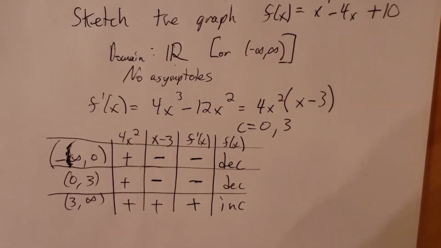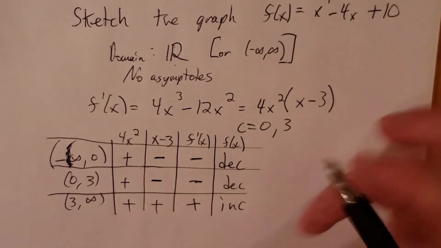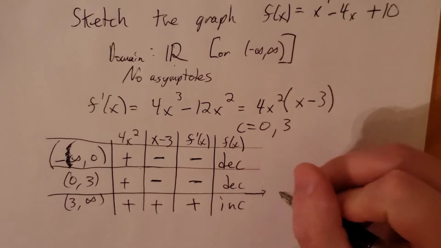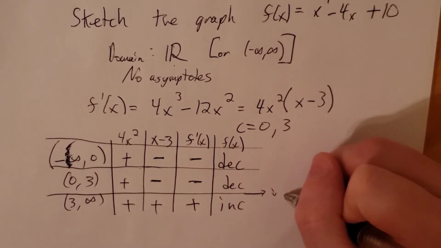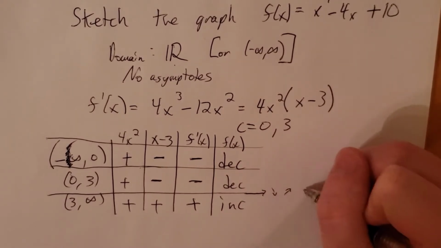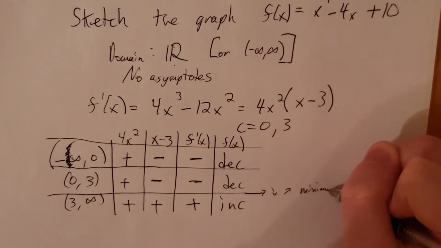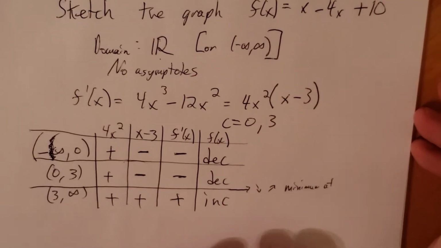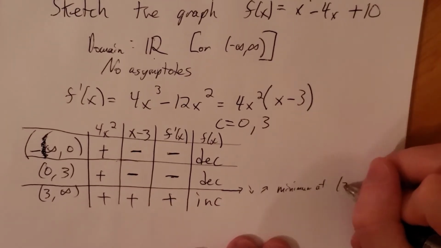Now there's a few ways to determine local max or min. If the function changes from decreasing to increasing, that means we were going down, and then if the function starts going up, that tells us we have a minimum at 3.